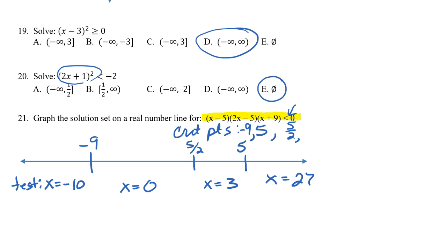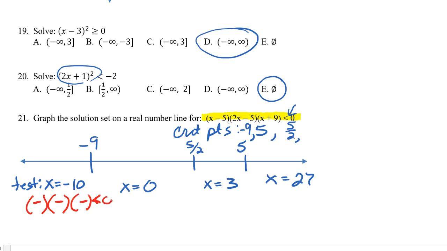So let's think, if I put negative 10 into the first parenthesis, it would be negative 15. I'm only going to write down the negative sign. If I put negative 10 into the second parenthesis, I would get negative 25, and I'm only going to put down the negative. And if I put negative 10 into the third parenthesis, we would have a negative 1. So all three parentheses are negative.